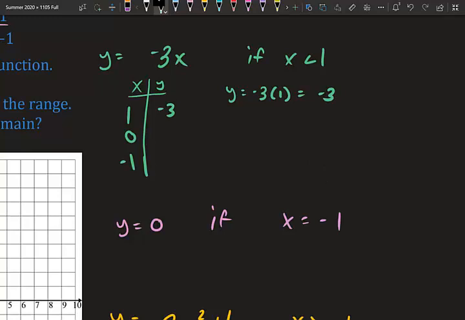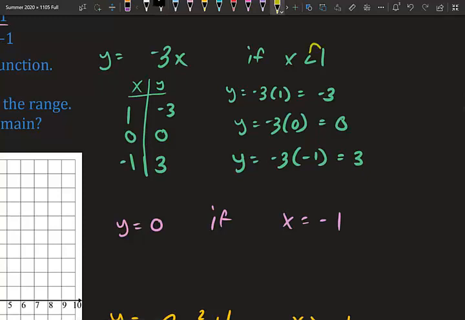Alright, we just keep going. So we have y equals negative 3 times 0, which is 0. Then we have y equals negative 3 times negative 1, and that equals positive 3. So now we have to do open circle, closed circle. With the 1, the sign does not have a line underneath, so it's open circle.